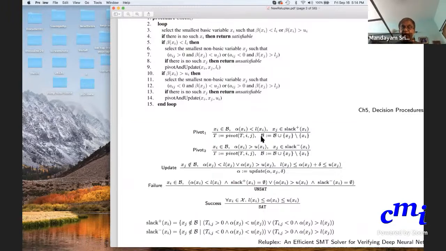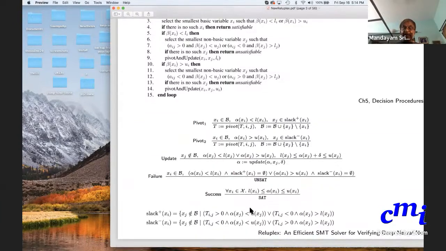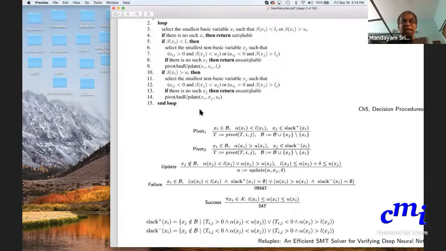And there are two ways of doing it. You will have to pick a non-basic variable which has some slack, such that you can actually adjust it to bring this basic variable, which is out of bounds, to its bound, either lower bound or upper bound. And that is exactly the condition that is specified here.